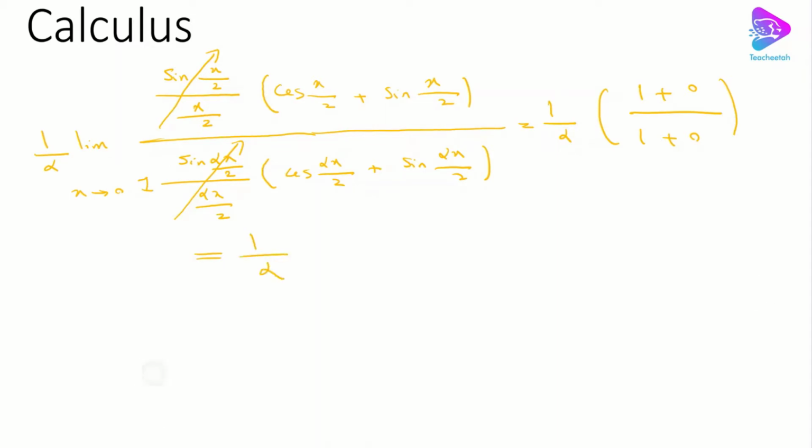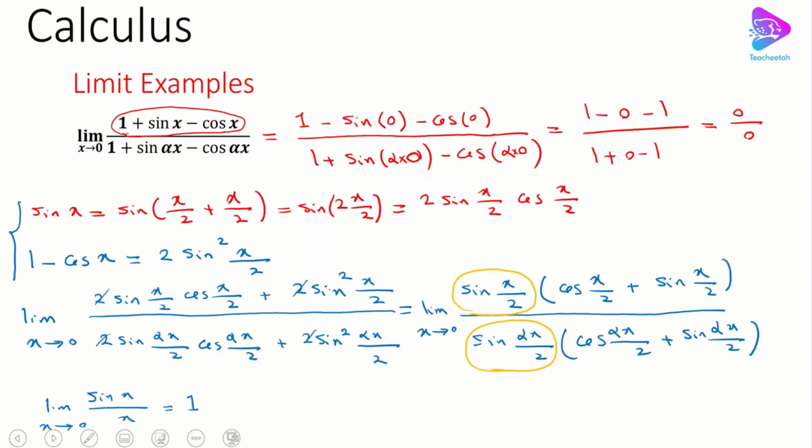Okay, let's review what we did for solving this problem. Initially we had a function in the form of 1 plus sine x minus cos x over 1 plus sine alpha x minus cos alpha x, and we noticed that if we plug in 0 instead of x, it generates an indeterminate form, which is 0 over 0.